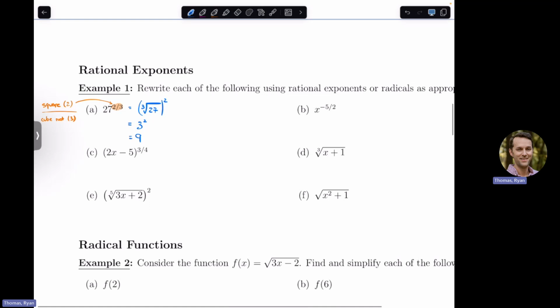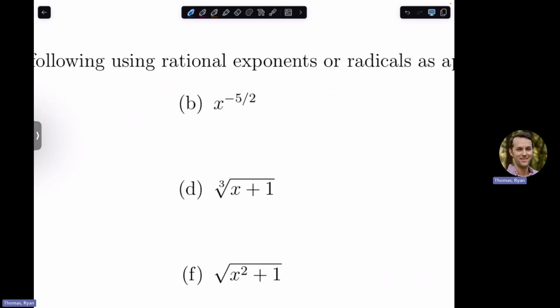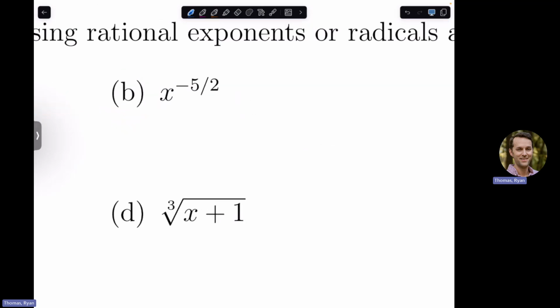How do I rewrite x to the negative 5 halves then? What does this do? So that's a square root. And this? X to the 5th, yeah. And the negative part? Negative moves it to the, yep. Okay, so tell me what it is then.